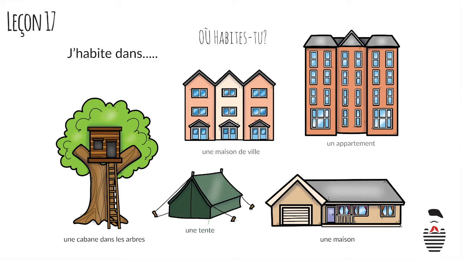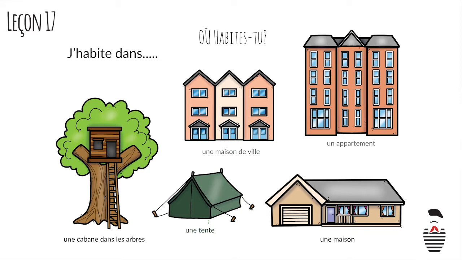So if you want to ask someone, where do you live? You say, where live you? The word order is slightly different. So let's practice that. Où habites-tu? Bon, où habites-tu? So you can now ask, quel âge as-tu? How old are you? And où habites-tu?